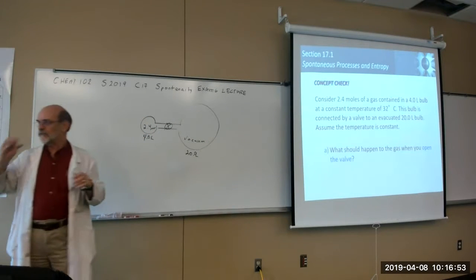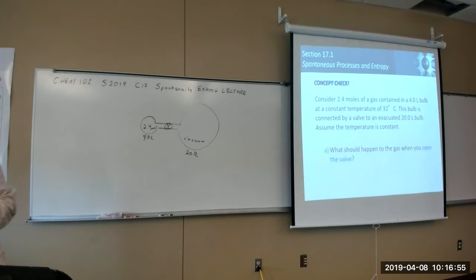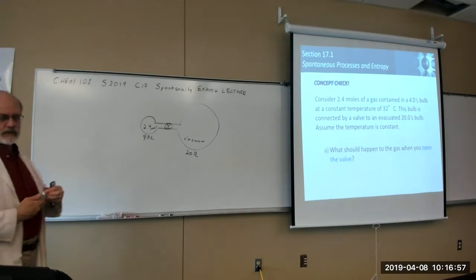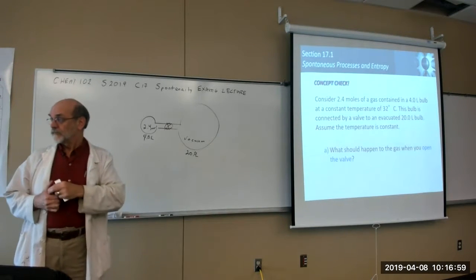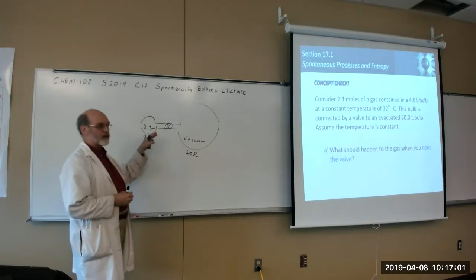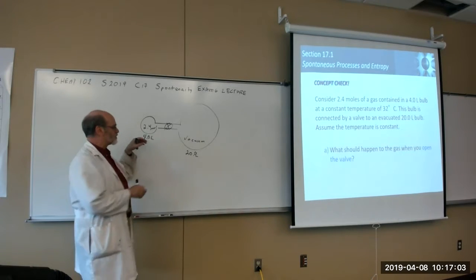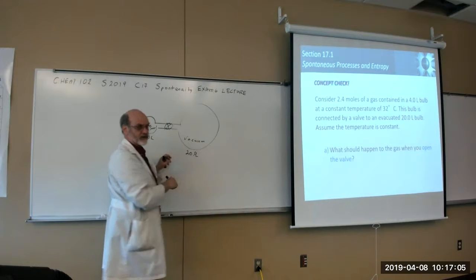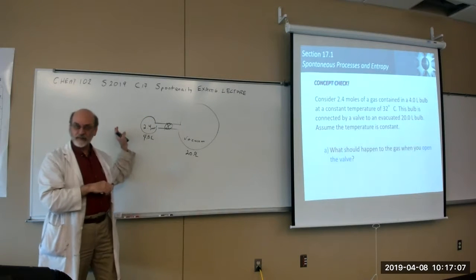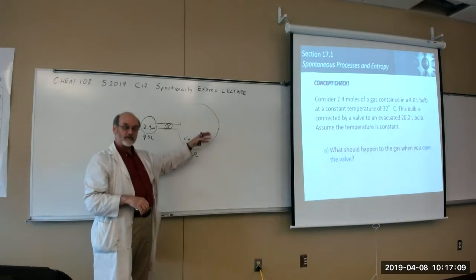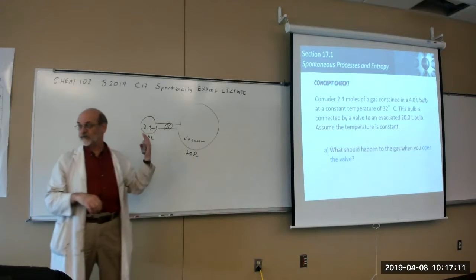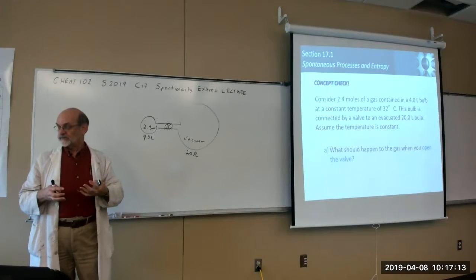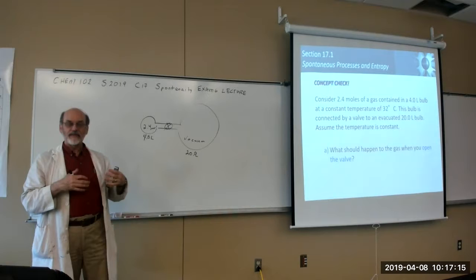Remember when we used, may have been last semester, we used Dalton's law of partial pressure to determine what the final pressure would be in a situation where you have a gas here and a gas here. You treat one separately like it was entering a vacuum and treat the other one separately like it was entering a vacuum to give you a pressure using Boyle's law. And then you add them together.